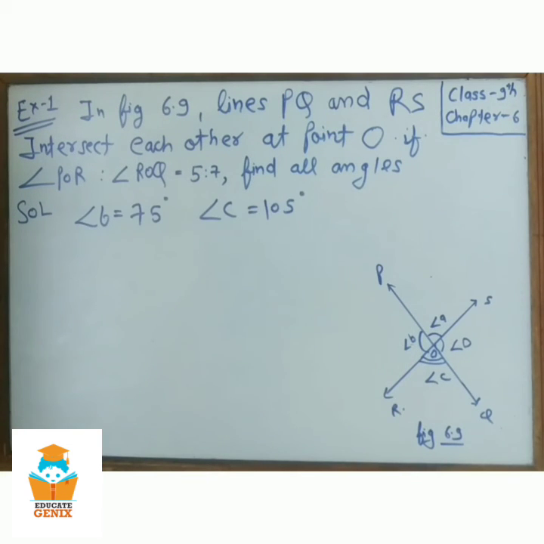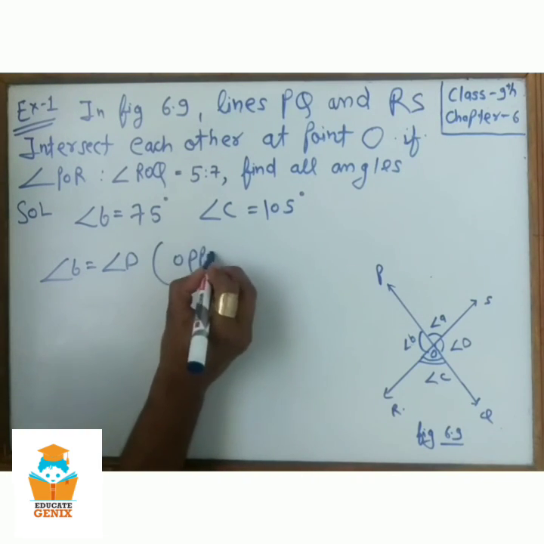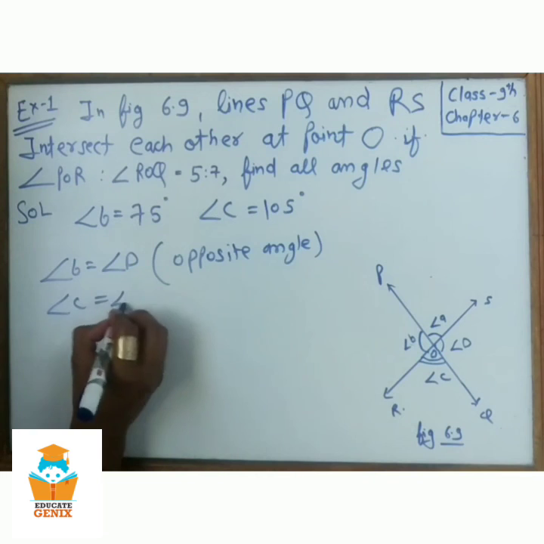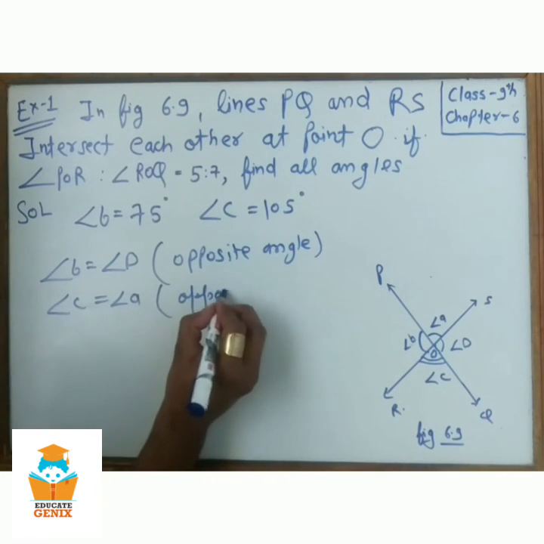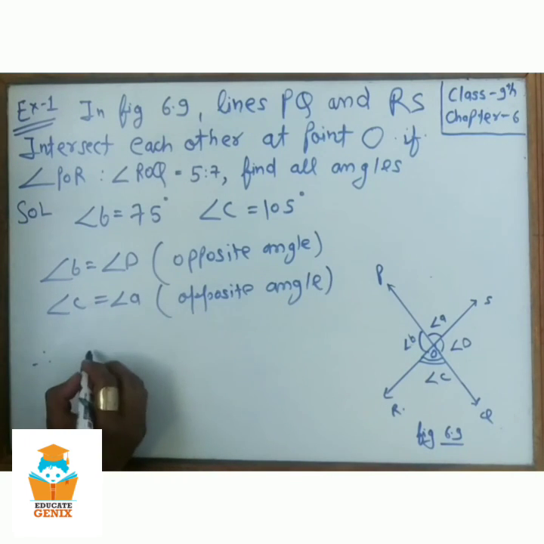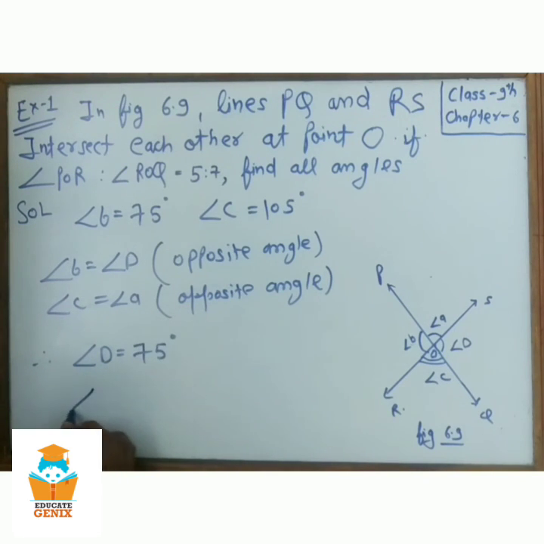As in the previous page, we found angle B equals 75 degrees and angle C equals 105 degrees. So angle B equals angle D, opposite angles, and angle C equals angle A, opposite angles. Therefore, angle D equals 75 degrees, and angle A also equals 105 degrees.